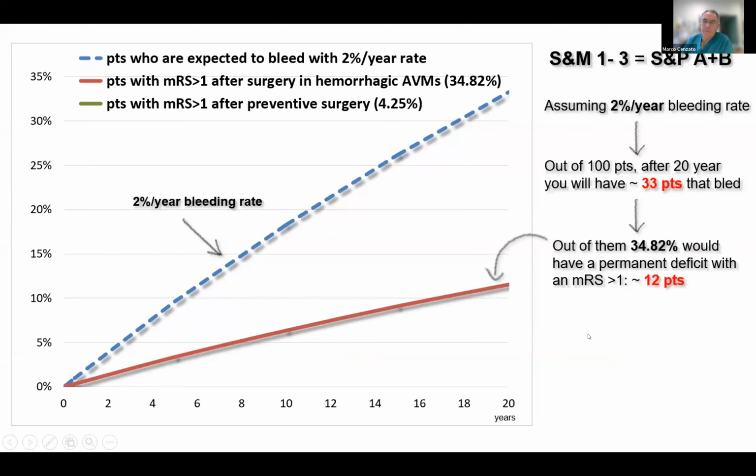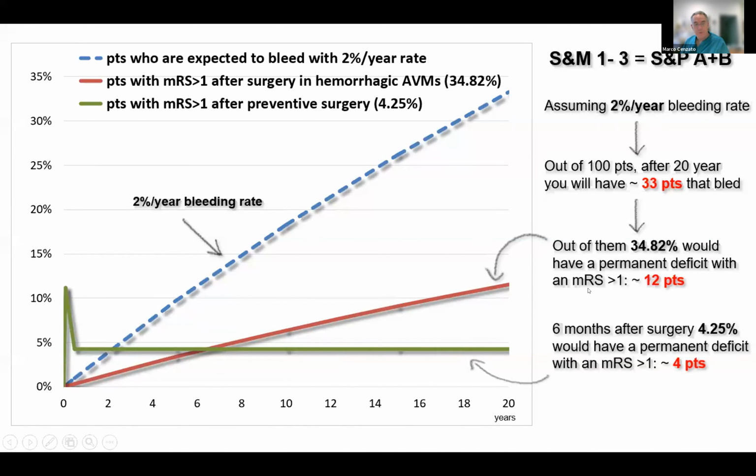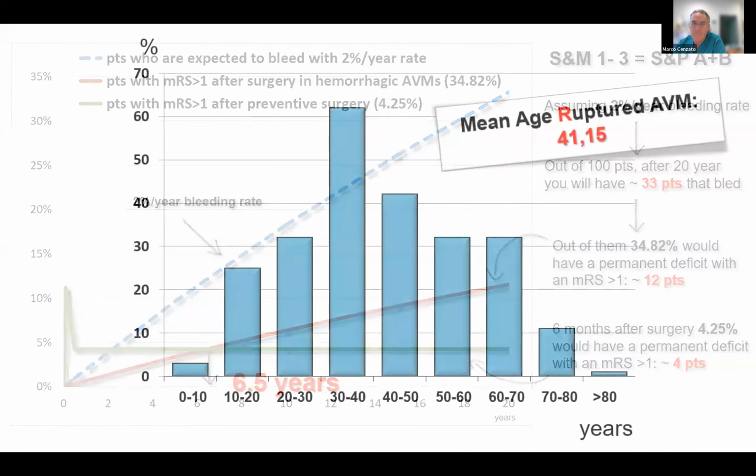So out of 100, 12 patients will be with a permanent deficit. If you treat them before rupture, we will have a permanent deficit of 4.25 more or less. So the two curves cross around 6.5 years. So if you have a life expectancy more than 6.5 years, we think that preventive treatment is worthwhile.